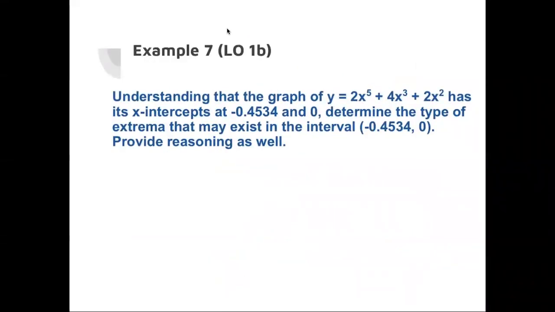Understanding that the graph of y equals 2x to the power of 5 plus 4x cubed plus 2x squared has its x-intercepts at -0.4534 and 0. Determine the type of extrema that may exist in the interval -0.4534, 0. Provide reasoning as well.